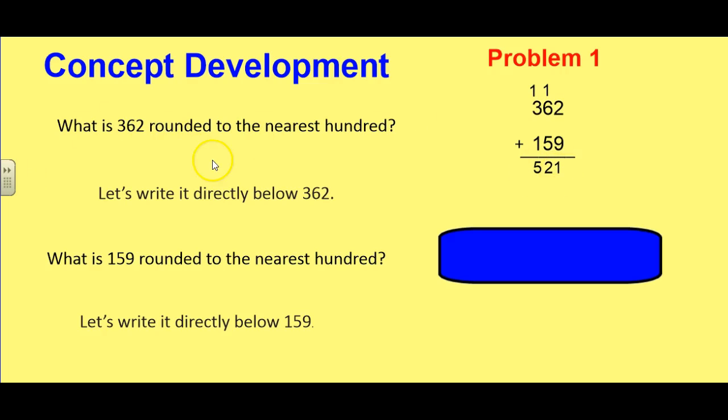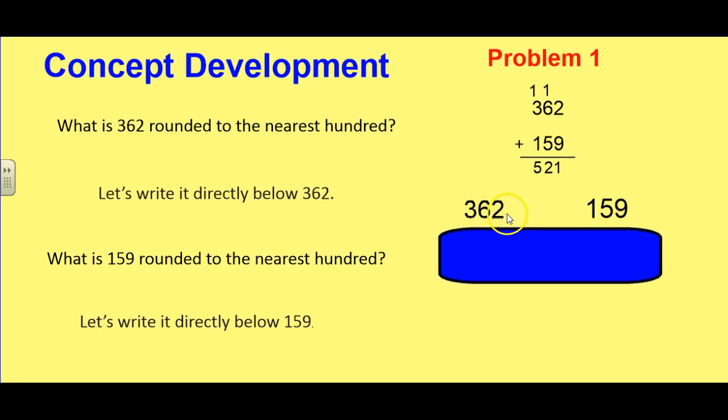But what we're going to do today, it says what is 362 rounded to the nearest 100, and then we're going to write that next to 362. So now on your piece of paper underneath your problem, I want you to write 362, and then I want you to write 159, and directly below these numbers we're going to write what they rounded to. We're going to round to the nearest 100.